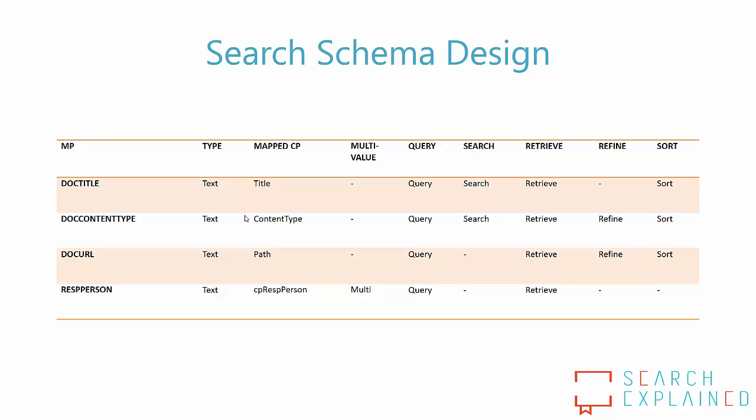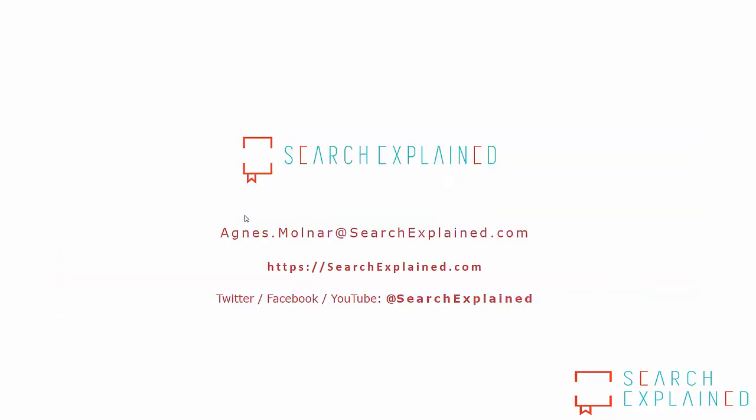And basically this table drives us to the implementation of search, so it makes possible to create the proper search schema and then to support the user interface design and configuration and customization as well. This is what I wanted to share with you today.